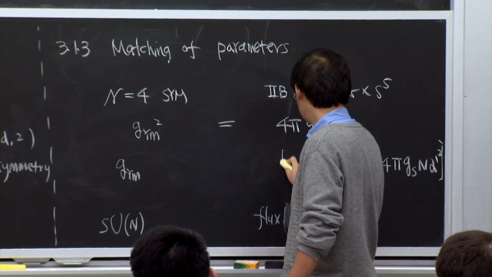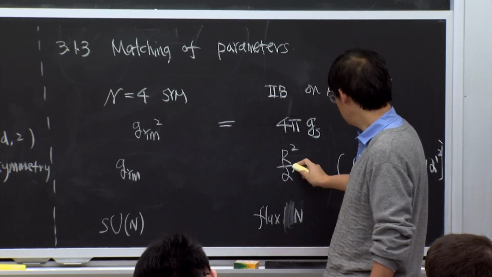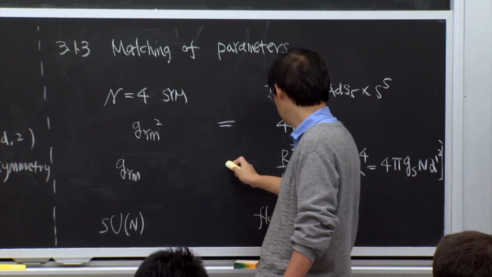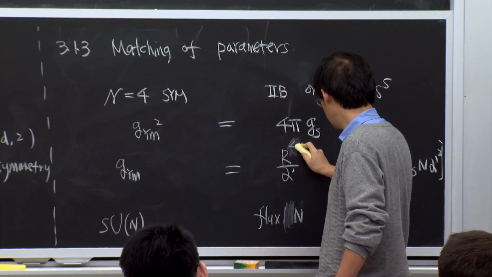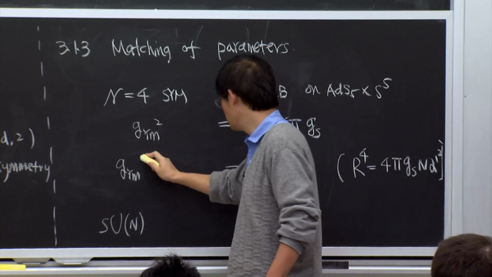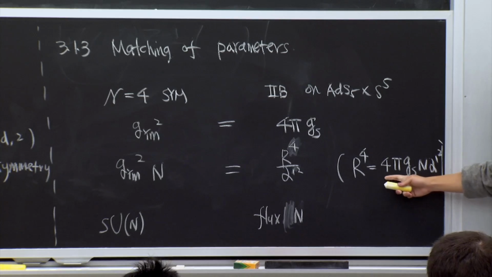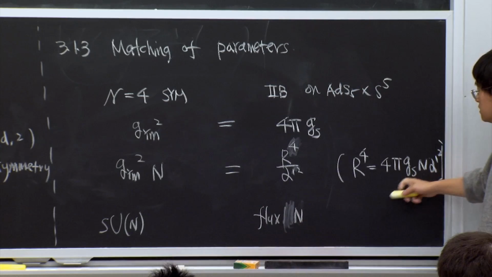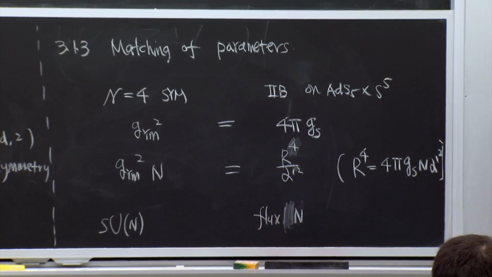On this side, the dimensionless parameter is given by R squared divided by alpha prime. If you look at this relation, R to the fourth over alpha prime squared is just related to lambda. From this relation, 4 pi g_s is equal to g_YM squared, and N is just N. Okay, so this is the relation between the parameters.